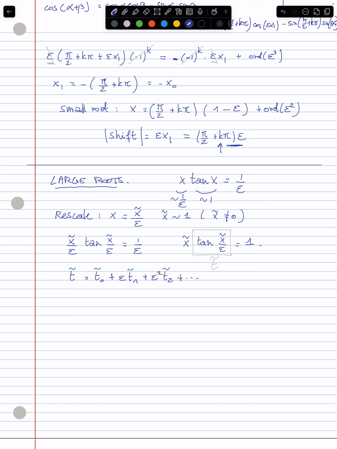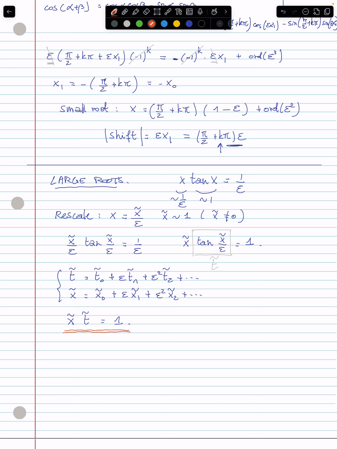And at the same time, I will use a sequence for x and say that x is x0, plus epsilon x1, plus epsilon square x2, and so forth. So what we did is that we moved the problem, which was a problem with only one unknown, into a problem with two unknowns, because we have x and t as unknowns. That's the first equation we have. This is the governing equation, or the original problem that we need to solve.